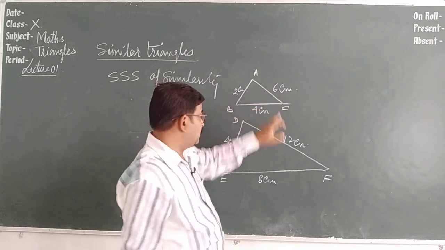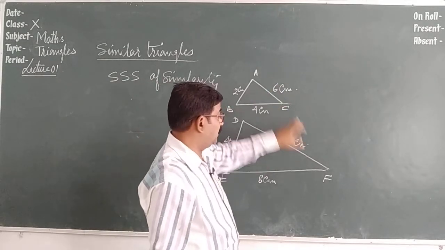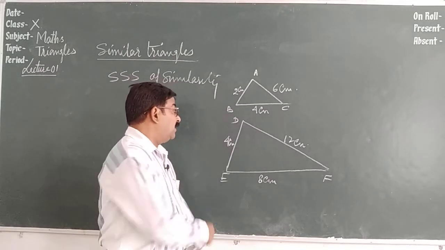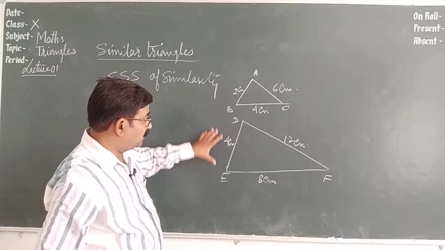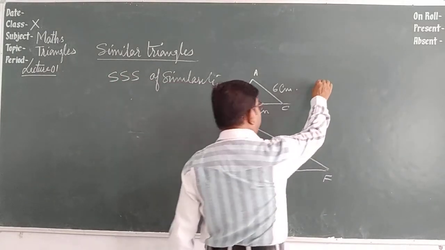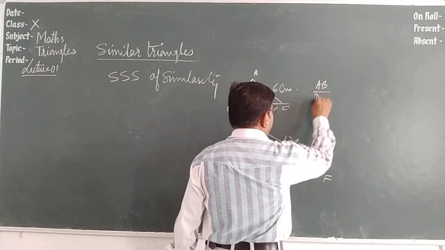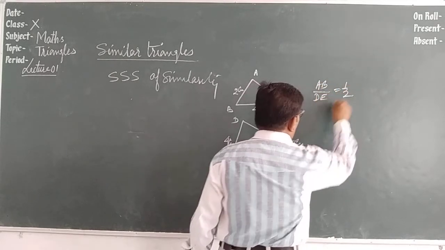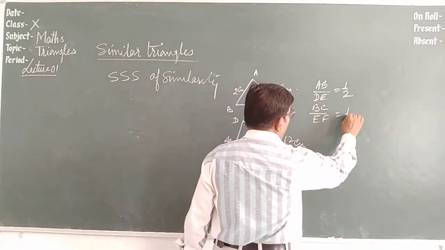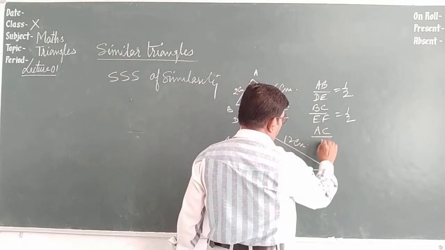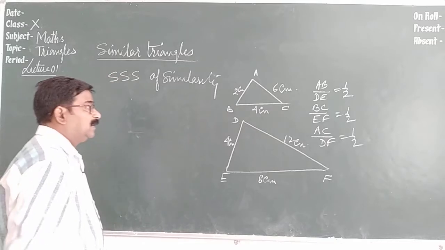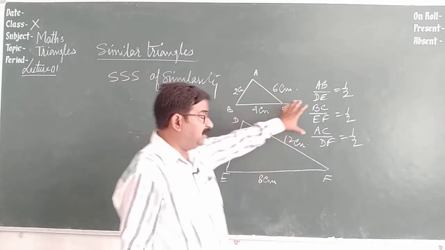AC is 6 centimeters, DF is 12 centimeters, ratio 1:2. So if we write AB upon DE is equal to 1/2, BC upon EF is equal to 1/2, AC upon DF is equal to 1/2, the ratio of corresponding sides is equal.